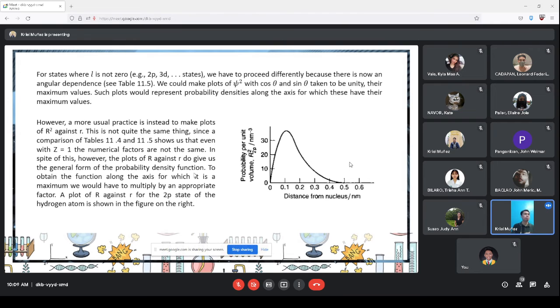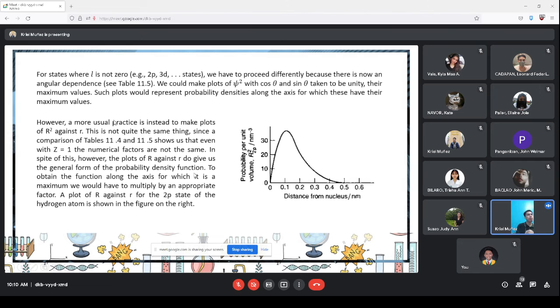Anyways, so just for a more practical sense class, since we're just trying to look at how we could generalize them in 3D space, we have a more usual practice for this one, and that is to make plots of r square against r.